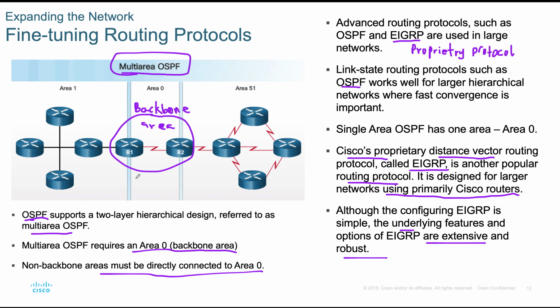Fine-tuning routing protocols. Here in a network, you design your network areas, maybe area 1, area 5.1, and so on. Remember we said you have to create a backbone, a redundant area called the backbone area, which has to be connected to the existing areas that are useful to you.